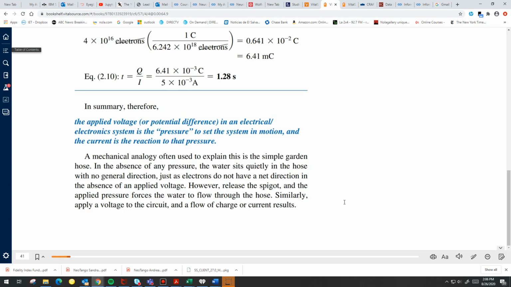The more you open up that water faucet, the more voltage, the more pressure you're applying, the more water, the more current is going to flow. Okay, so that's kind of the idea behind the concept of voltage as the pressure, and current as that movement of electrons caused by the pressure.